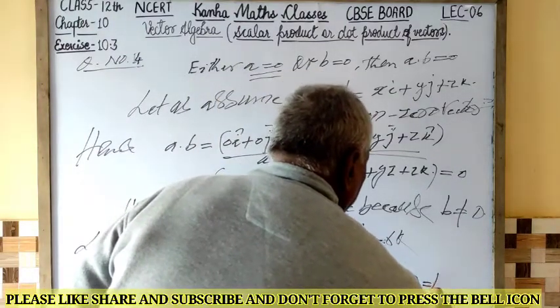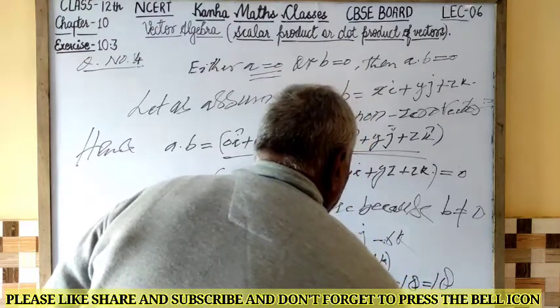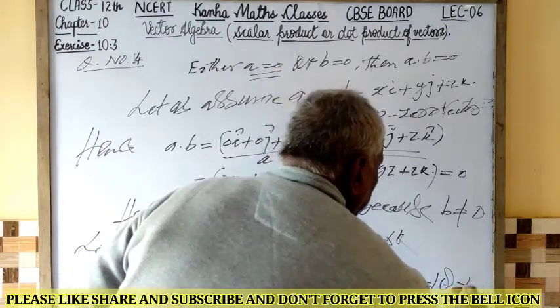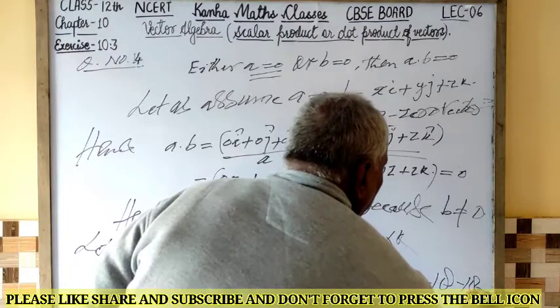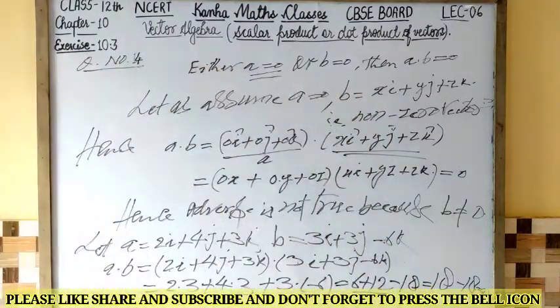Now 6 plus 12 is 18, 18 minus 18 is equal to 0.